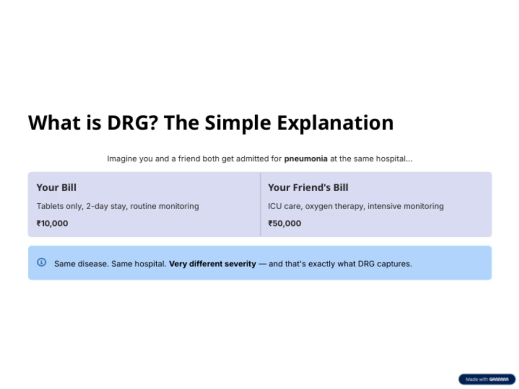This difference in severity and resource use is exactly what DRG, or diagnosis-related group, captures. It helps hospitals and insurers understand how to categorize cases based on the intensity of treatment needed, not just the disease itself. So, even with the same illness, the costs and care can vary widely, and DRG helps make sense of that variation.